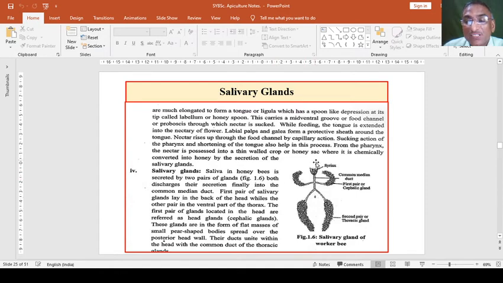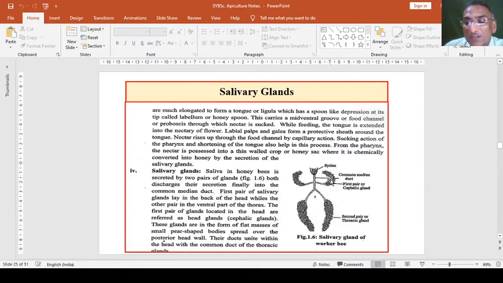If you see, the structure of the salivary gland is quite simple. Just below the pharynx there is a syrinx, followed by a common salivary duct. Then it has branches. The first pair of branches are at both sides. Therefore, they are called paired glands. So these are paired salivary glands.